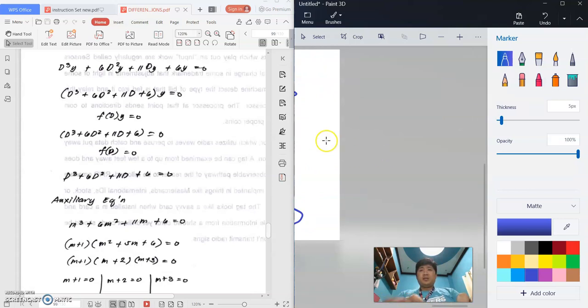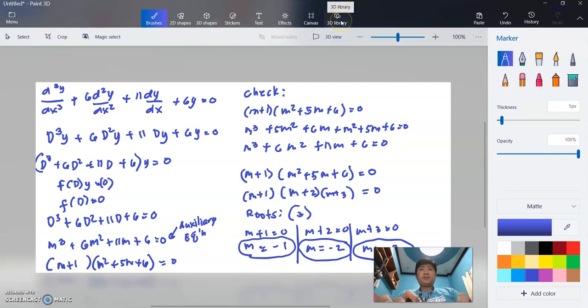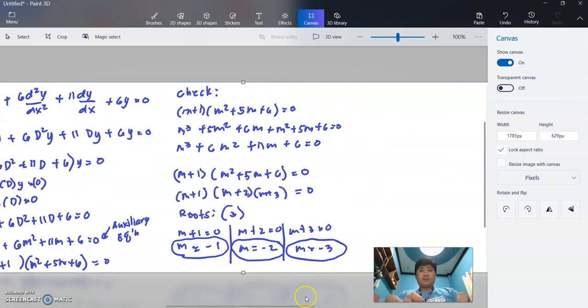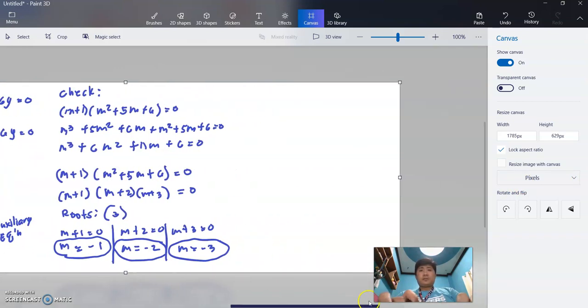So, let's extend this one. Since our roots are real roots and unequal, negative 1 is not the same with negative 2, which is also not the same with negative 3.